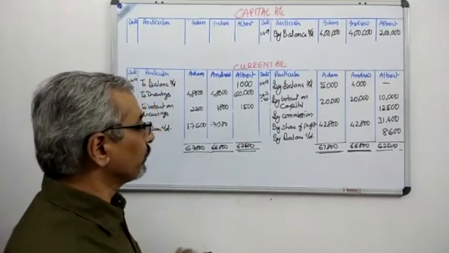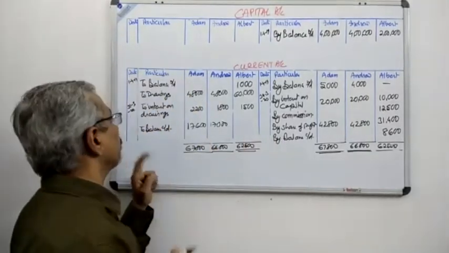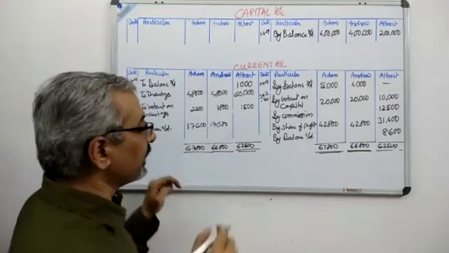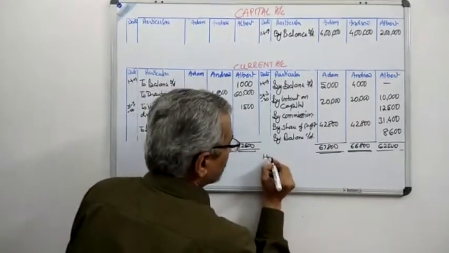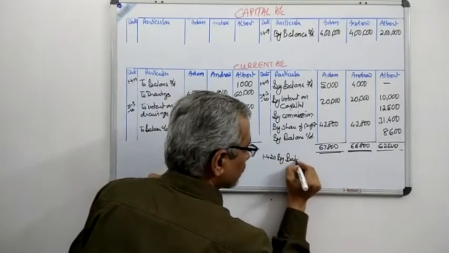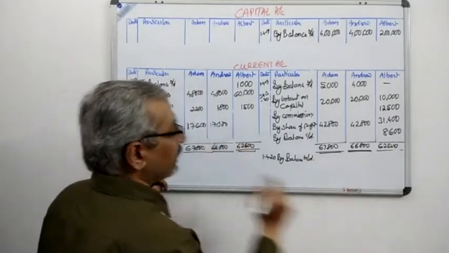Now we'll carry forward the balances. As we remember, these balances are on 31st of March 2020. So the carried forward balances will be on 1st April 2020, by balance brought down. Which two partners? Adam and Andrew.